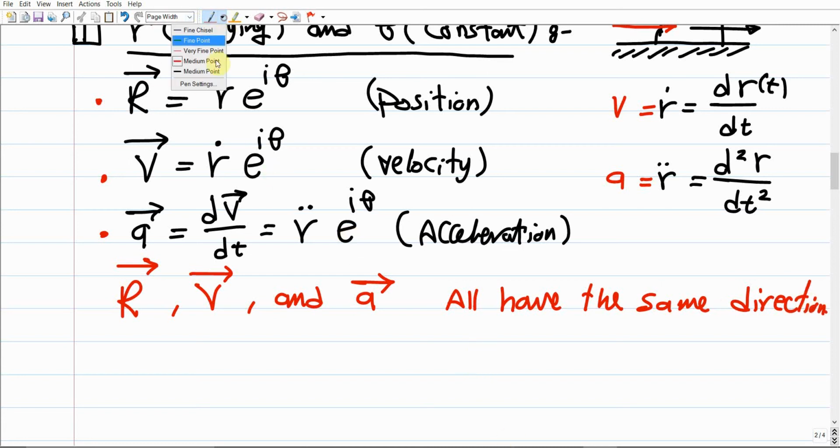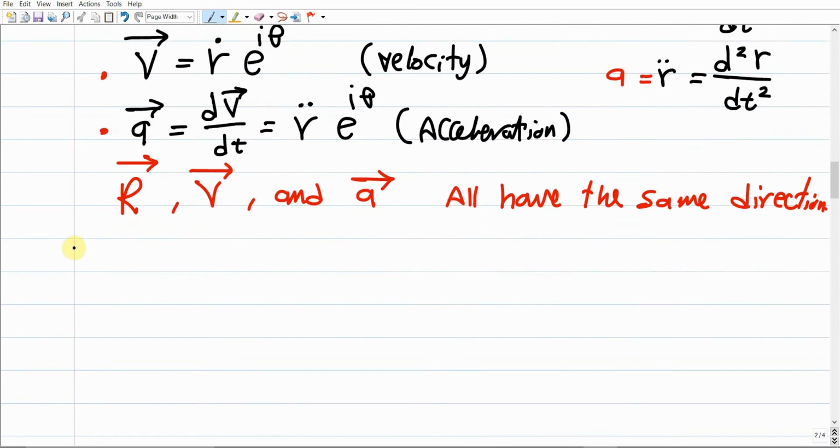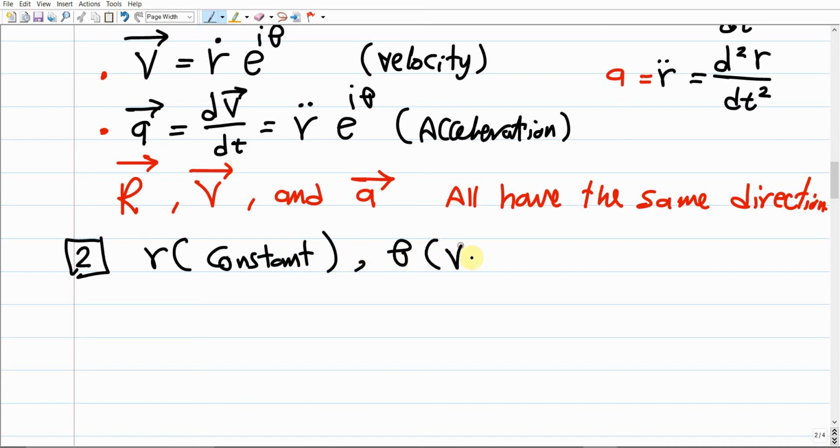Another case to consider is case 2: how about if r is constant, but theta is varying, time dependent?